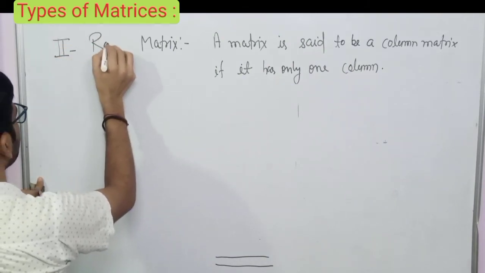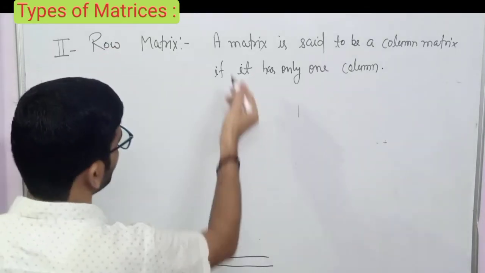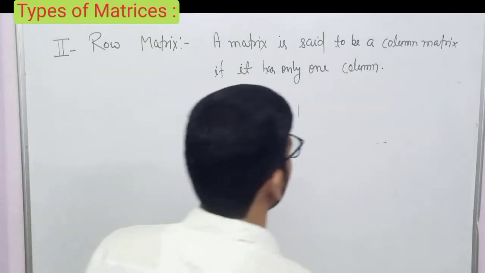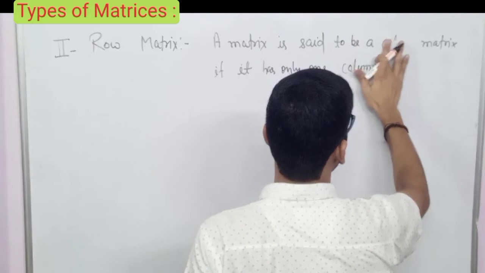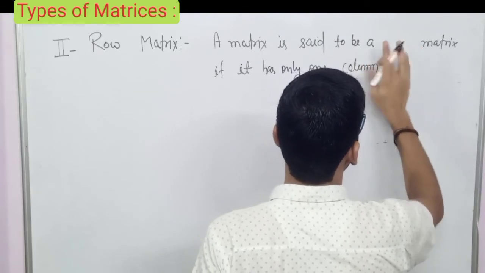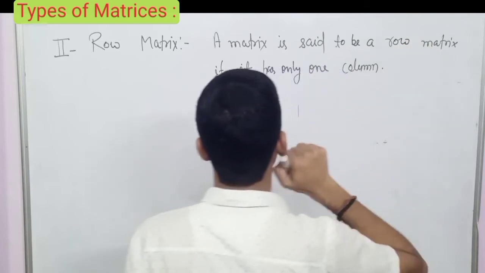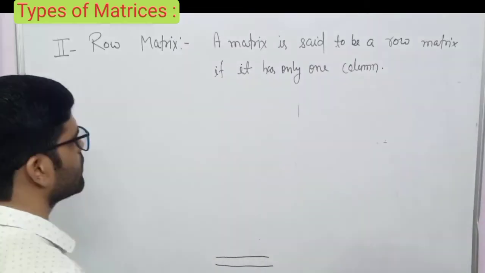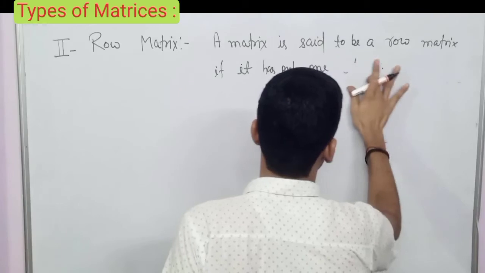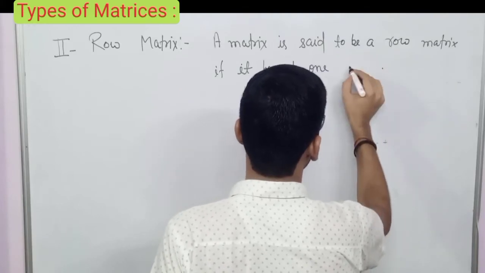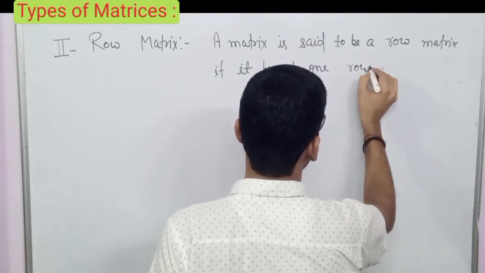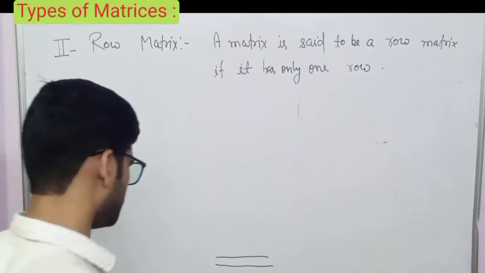A matrix is said to be a row matrix if it has only one row.